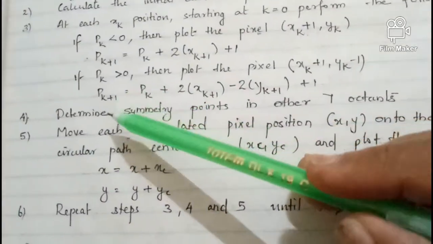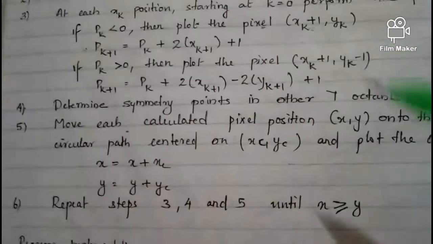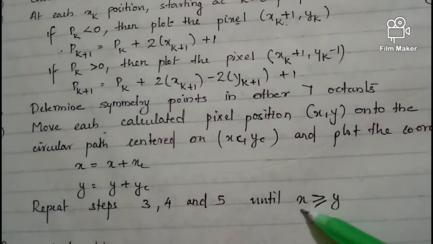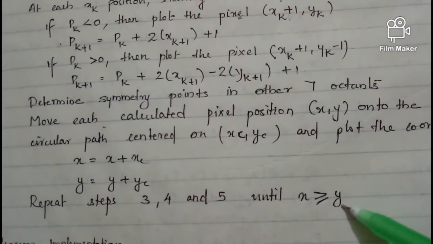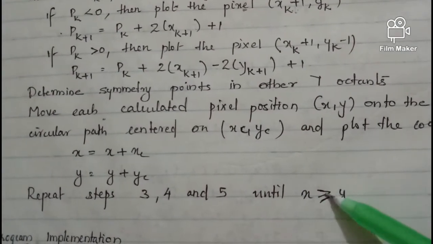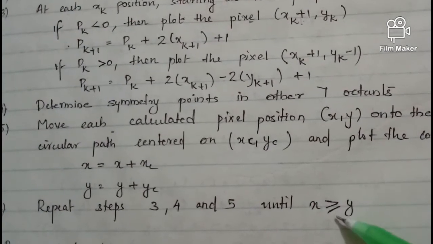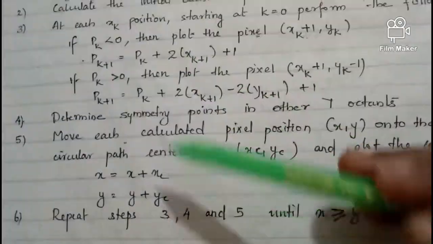This whole process, steps 3, 4 and 5, should be repeated until the value of x becomes greater than or equal to y. So you can stop only when x becomes equal to y or x becomes greater than y. Until one of these conditions becomes true, you have to repeat all this process.